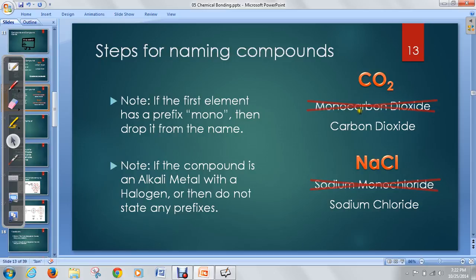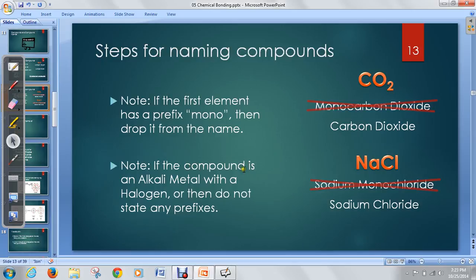But because of this convention, we don't care if there's just one in the front. We just drop that mono right out of there. So instead of monocarbon, it's just carbon dioxide. You've probably heard of carbon dioxide, but never monocarbon dioxide. So that's one of the exceptions: we always drop the mono if it's at the front.